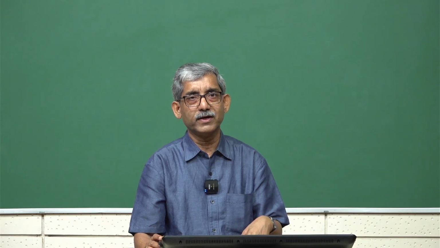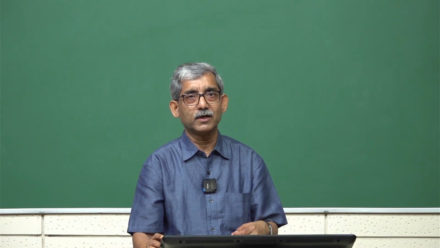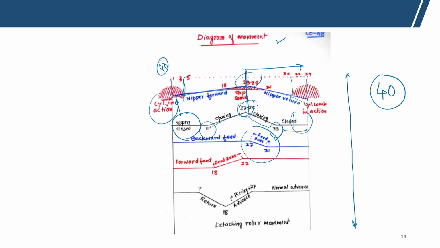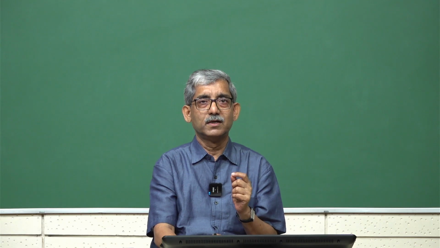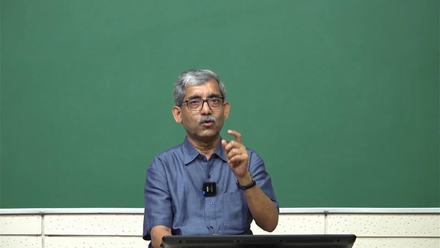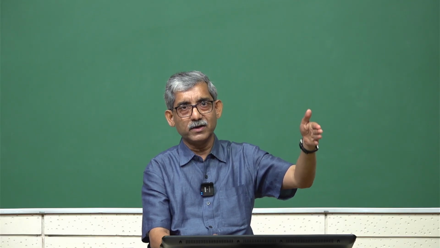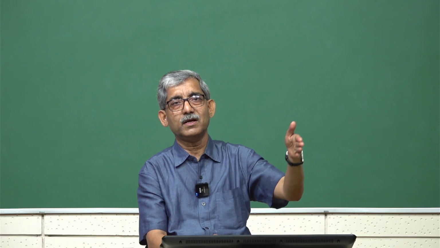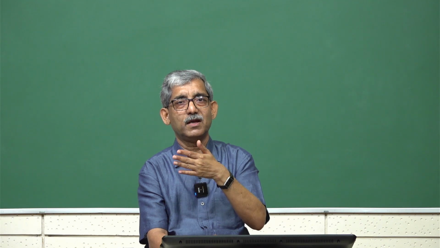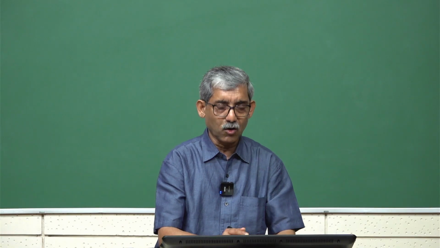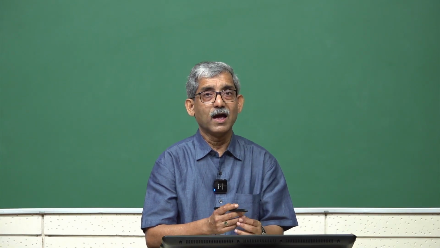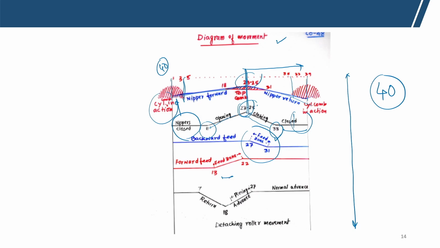Similarly, for forward feed, the nippers move forward and are open. So, there should be two conditions here. In the backward feed, the nippers should be open and moving in the backward direction. Similarly, in forward feed, the nippers are opened or opening during that time and moving in the forward direction.